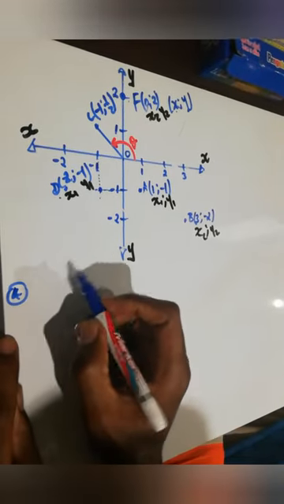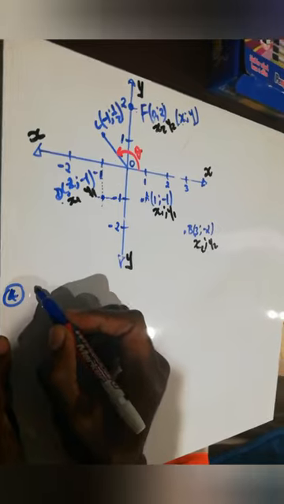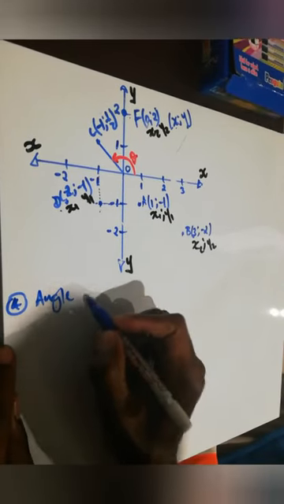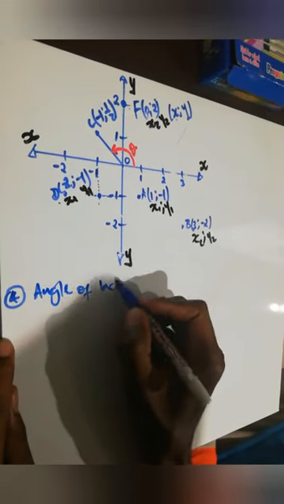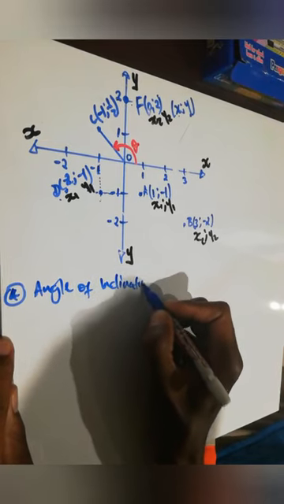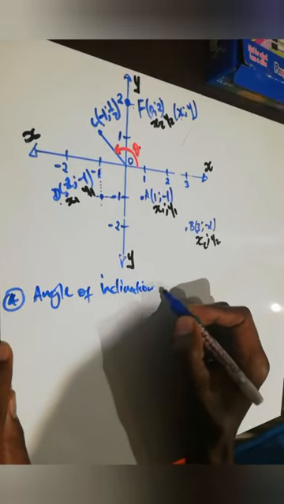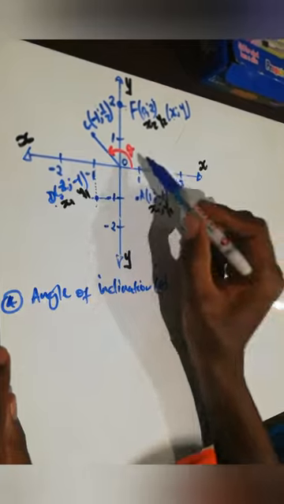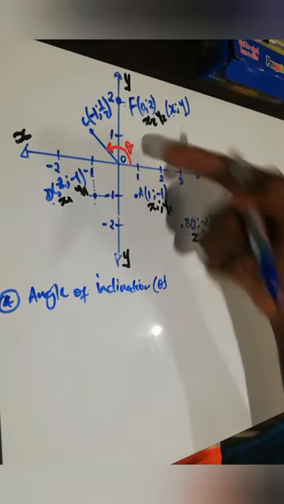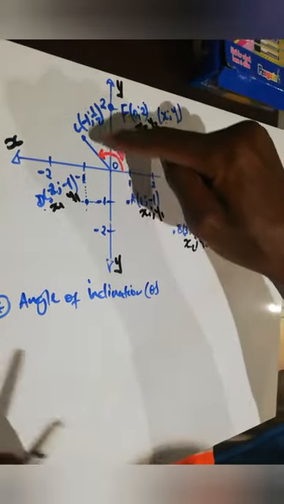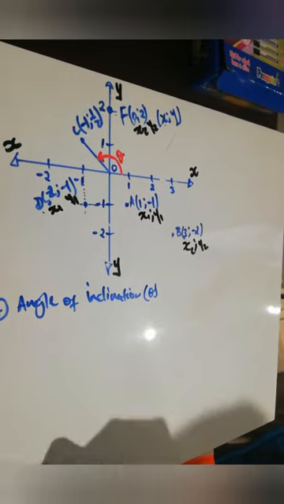They're saying you must provide the angle of inclination. In this case, we're given the angle of inclination as theta. The angle of inclination is the angle that a line makes with the positive x-axis.